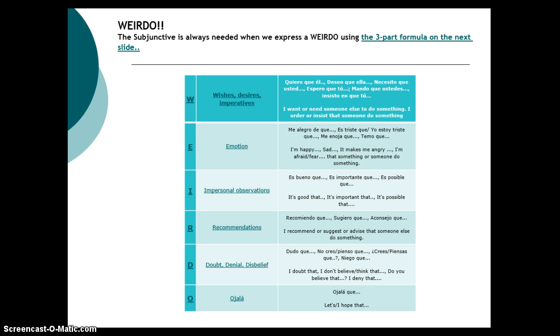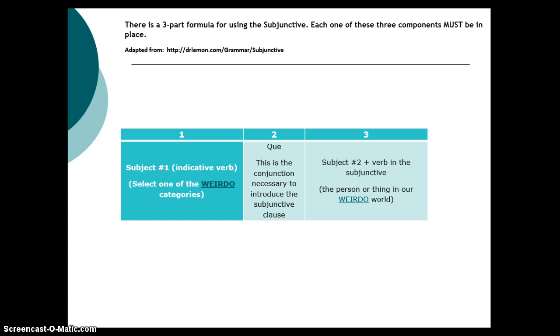So, you want to remember that the subjunctive is always needed when we express a WEIRDO, one of these kinds of expressions or one of these kinds of verbal phrases, using the three-part formula on the next slide. We have a subject, one, and an indicative verb that has something to do with one of the WEIRDO categories.